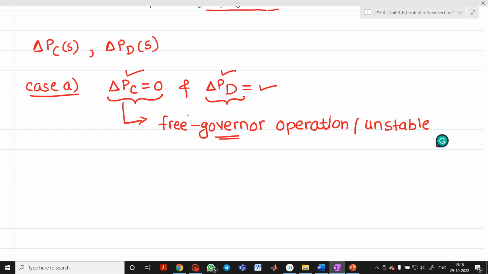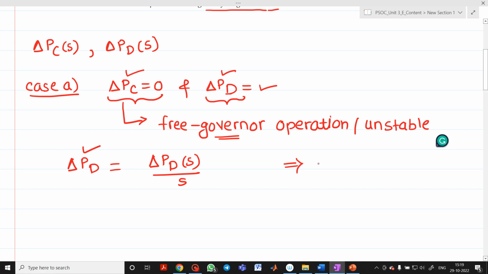So for such operation, the steady change in the frequency for a certain change in the load demand by an amount delta PD can be written as follows. Now delta PD is the change in the load demand. So in Laplace transform we write it as delta PD of S upon S. Why have we taken S here? Because delta PD is the change in the load demand, and the change in demand is not gradual; it might be a sudden increase or sudden decrease in the load.